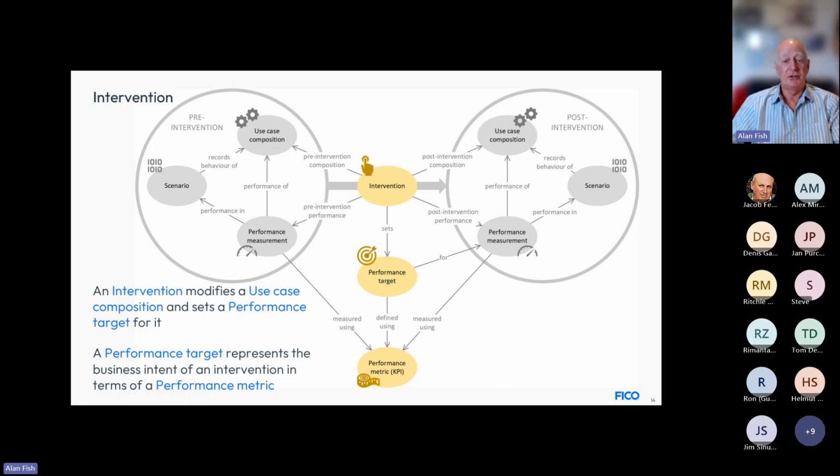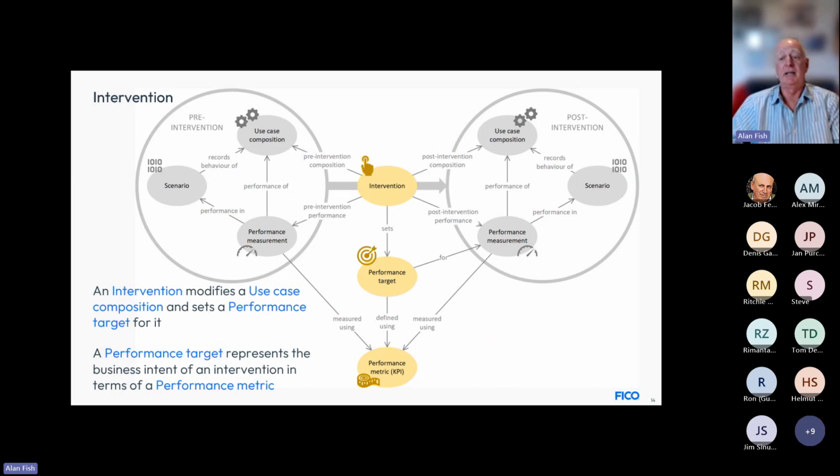And the intervention has one or more performance targets, which are desired values of the performance of the post-intervention composition, as measured by the stated metric. You'll notice that the pre-intervention performance measurement, the post-intervention performance measurement, and the target are all expressed using the same performance metric.